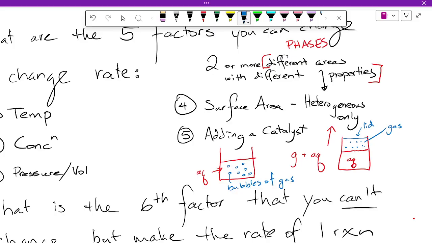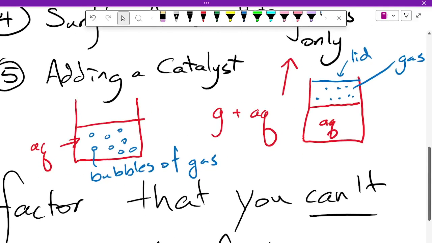What does that do to the surface area? So if I have bubbles of gas, but the same volume of gas, would I have more? Same volume of gas.